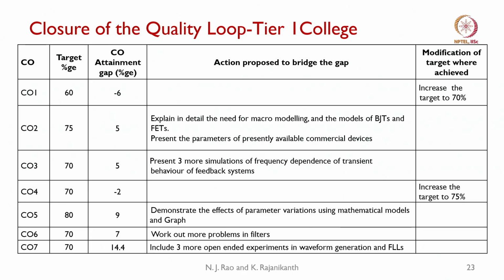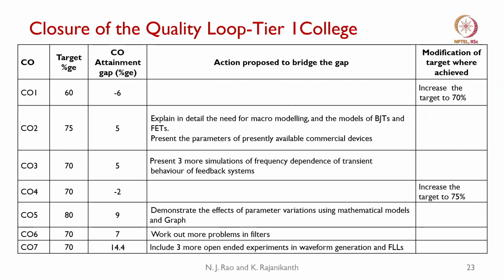I look at what exactly is that CO2 and I take specific concrete action: explain in detail the need for macro modeling and the models of DJTs and FUTs. Maybe the students haven't understood adequately. Now I put a little more effort to explain things better. Present the parameters of presently available commercial devices.